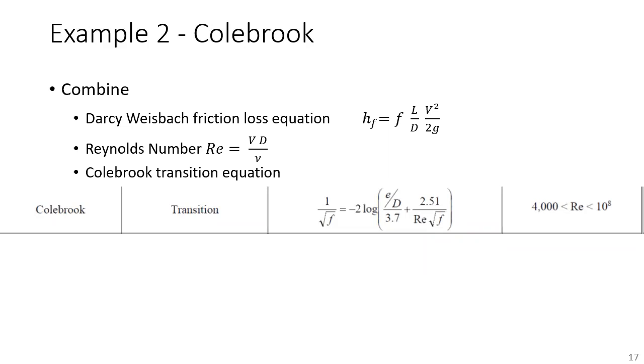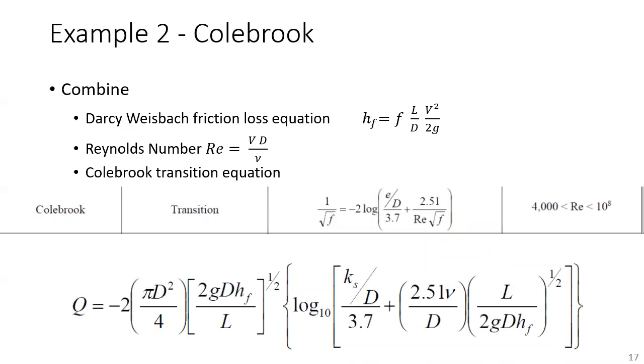And what you get when you do that combination is the first equation on today's handout. And again, by combining these three equations, what you have is the discharge is equal to, if you look at the right-hand side, we know the pipe diameter, acceleration due to gravity, friction loss, pipe length, relative roughness, kinematic viscosity. We know everything on the right-hand side. So that's the beauty of these equations.